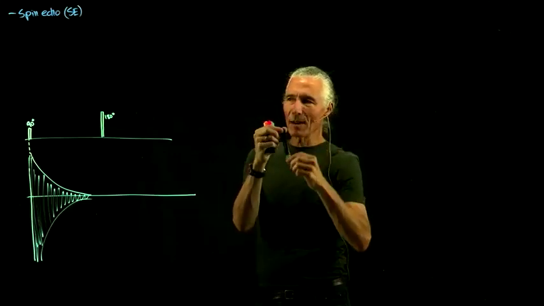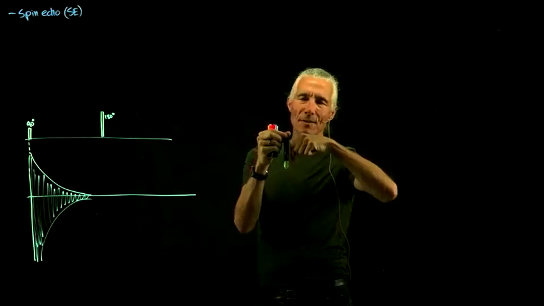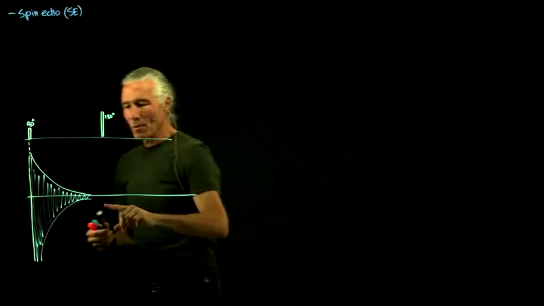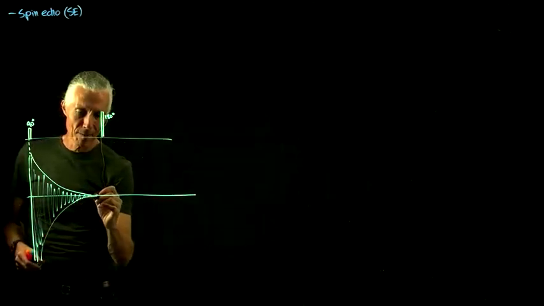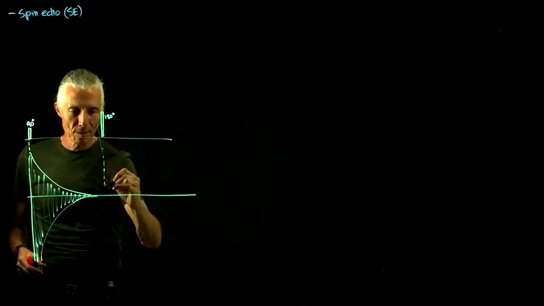If we do exactly 180, now we're anti-aligned with the magnetic field. Also no transverse magnetization. So if you do a sloppy 180 pulse, there'd be a signal, but if you did a really good 180 pulse, there should be no signal come out.